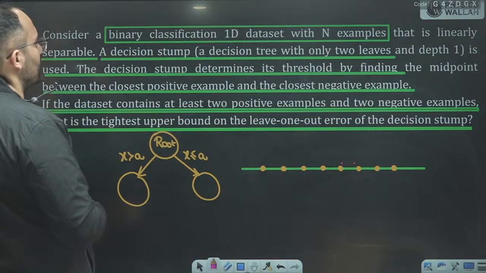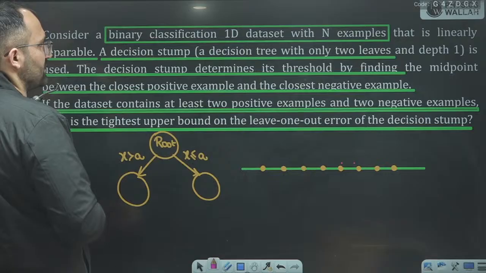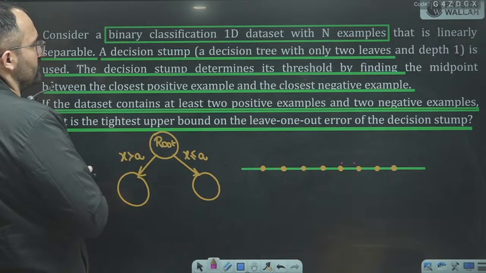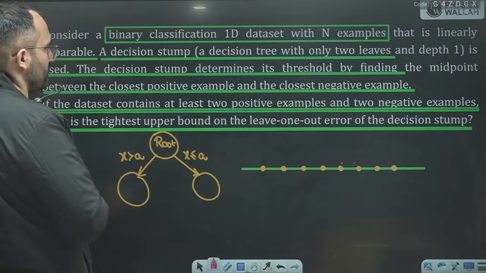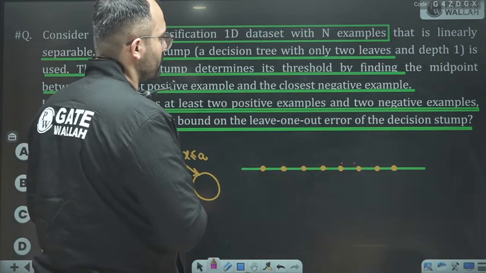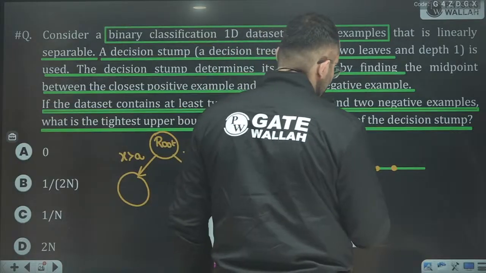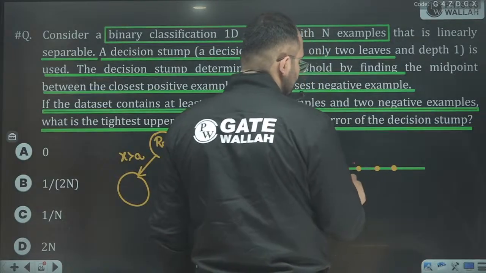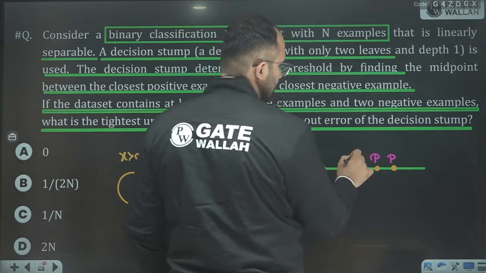The decision stump uses the closest positive example and the closest negative example. So in this case, suppose these are the positive points, these are the negative points.